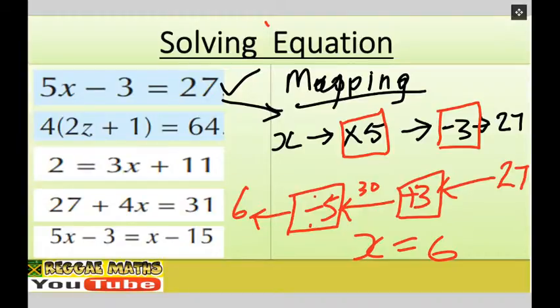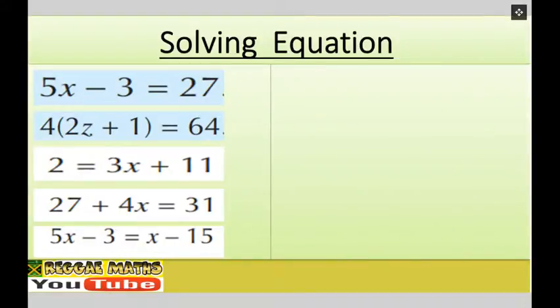Going in the opposite direction, you've got 27, add 3 is 30, then divide by 5, x equals 6. So that's the mapping. Hopefully you're happy with the mapping way.